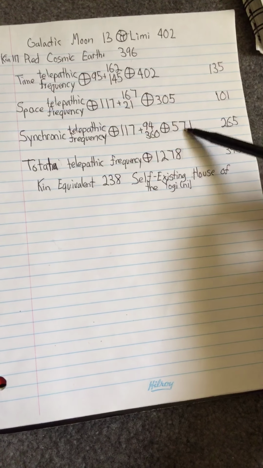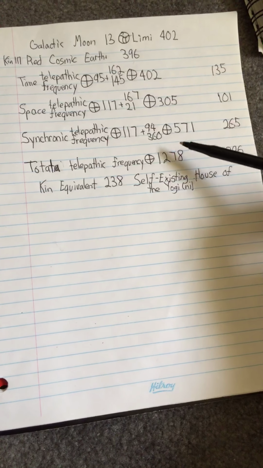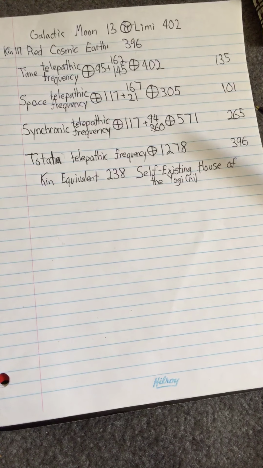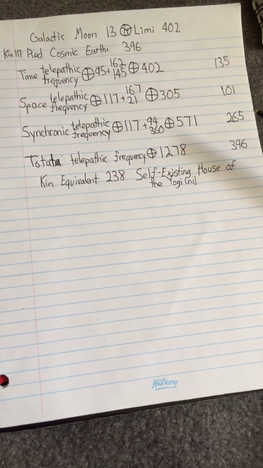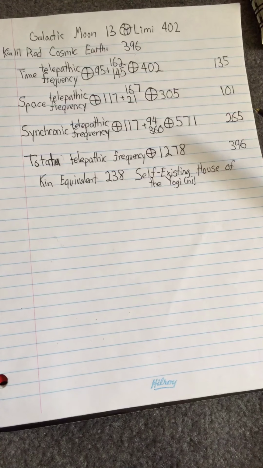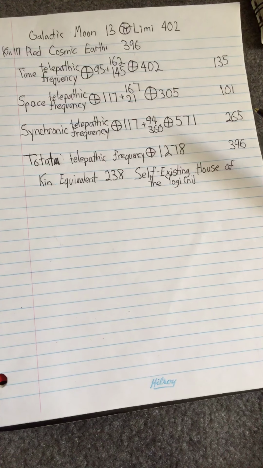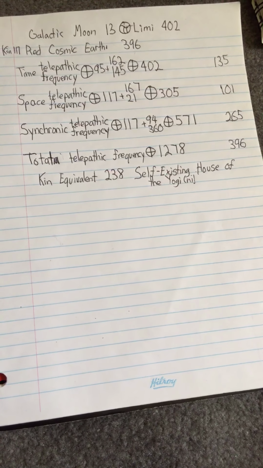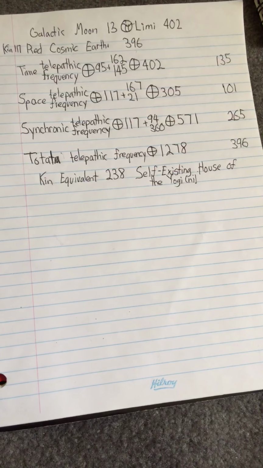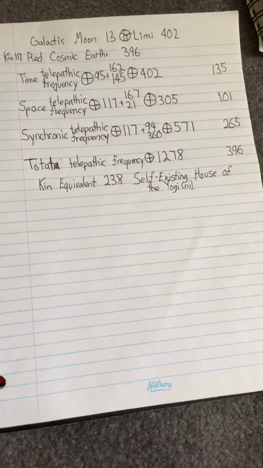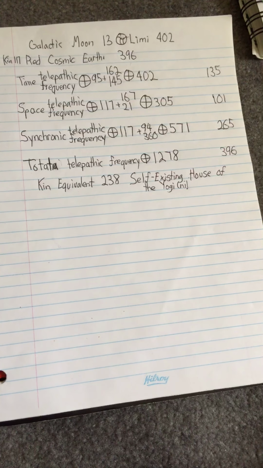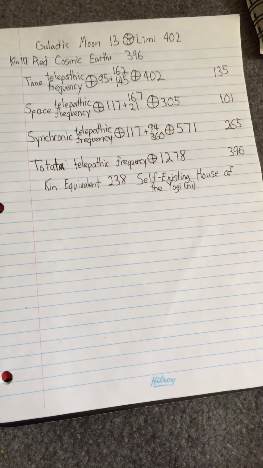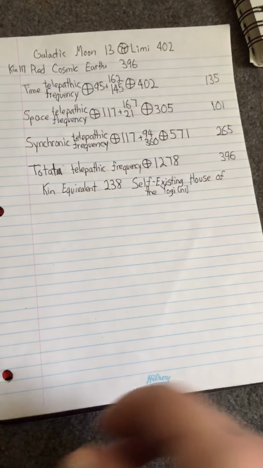And even amongst themselves, 571 plus 1278. And all these can be traced back to have more meaning and find out more about the day that we are at and the cycle that is seemingly perfectly mathematically orchestrated. Anyways, peace out.